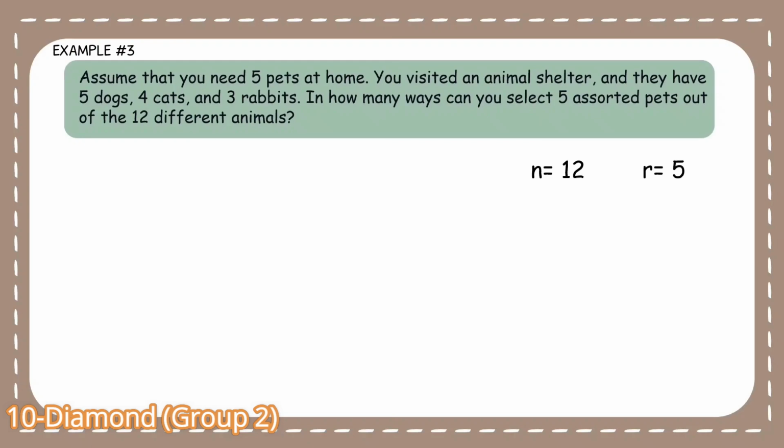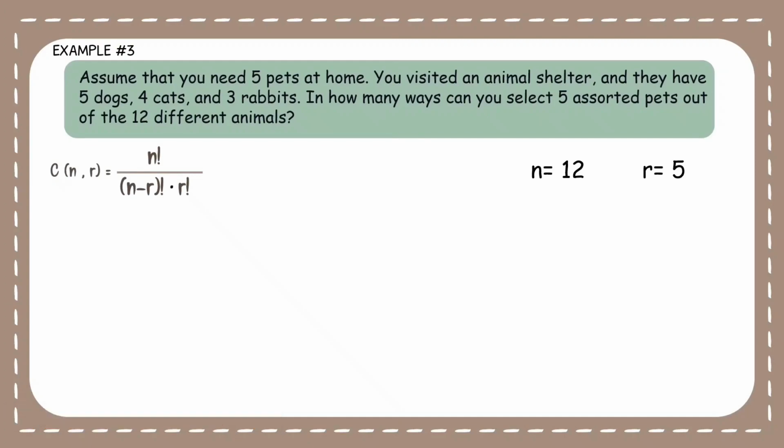Given the formula, combination of n, r is equal to n factorial over quantity n minus r factorial multiplied by r factorial. After that, we can now substitute the given values. So, we have combinations of 12, 5 is equal to 12 factorial over quantity 12 minus 5 factorial times 5 factorial.